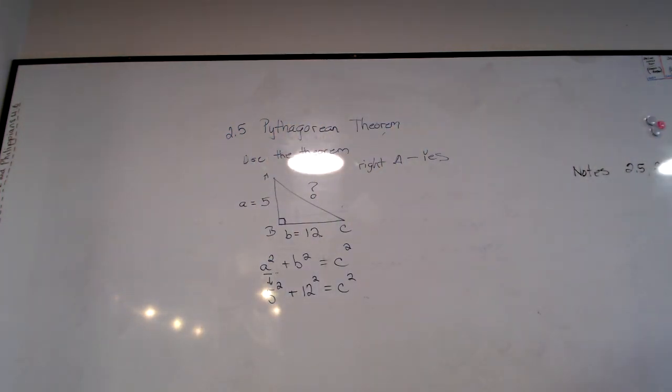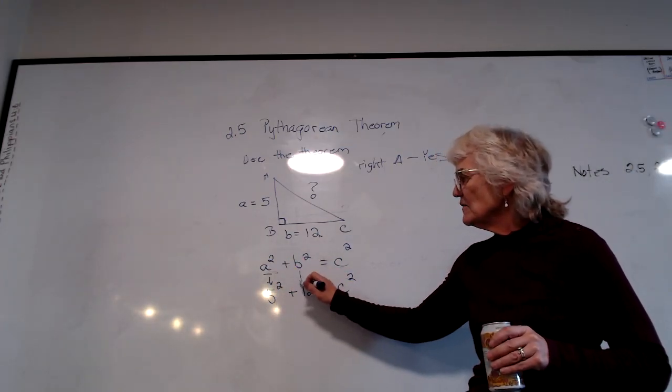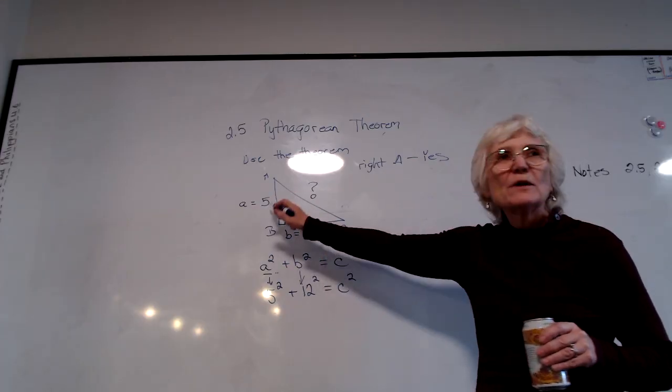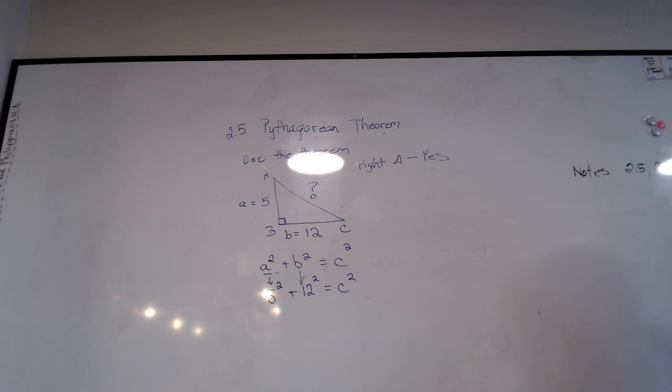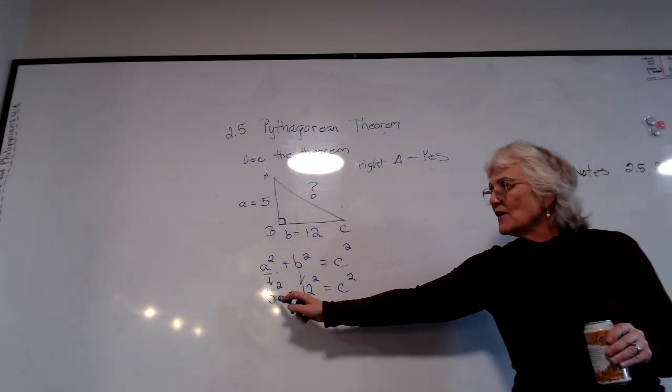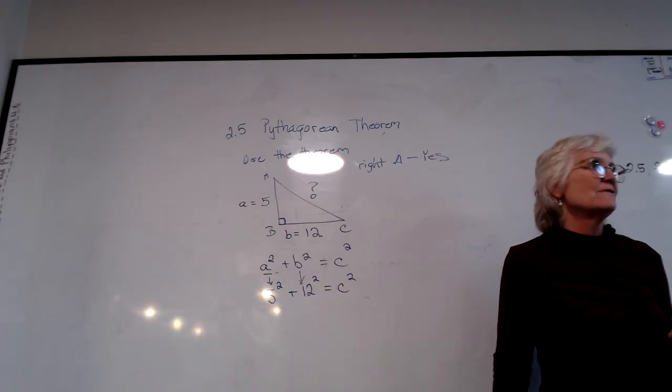Okay, so all I did there was substitute 5 in for A, 12 in for B, because we know that's how we labeled them up here. Okay, so we're just plugging them into the equation. That's called substituting them in. The reason we know is we just said A was 5, so I'm going to make it a 5. We said B was 12, I'm going to make it a 12.